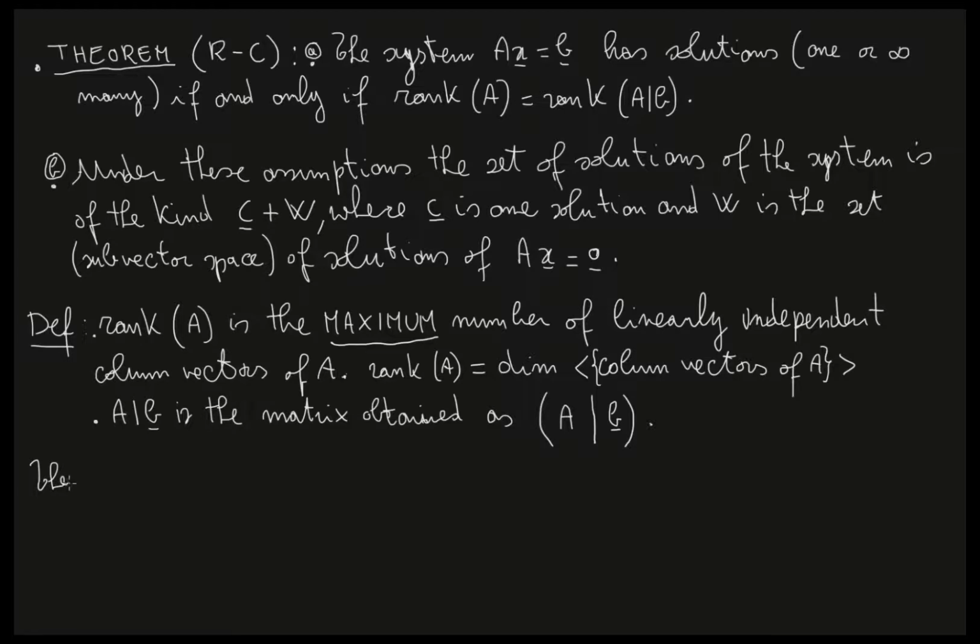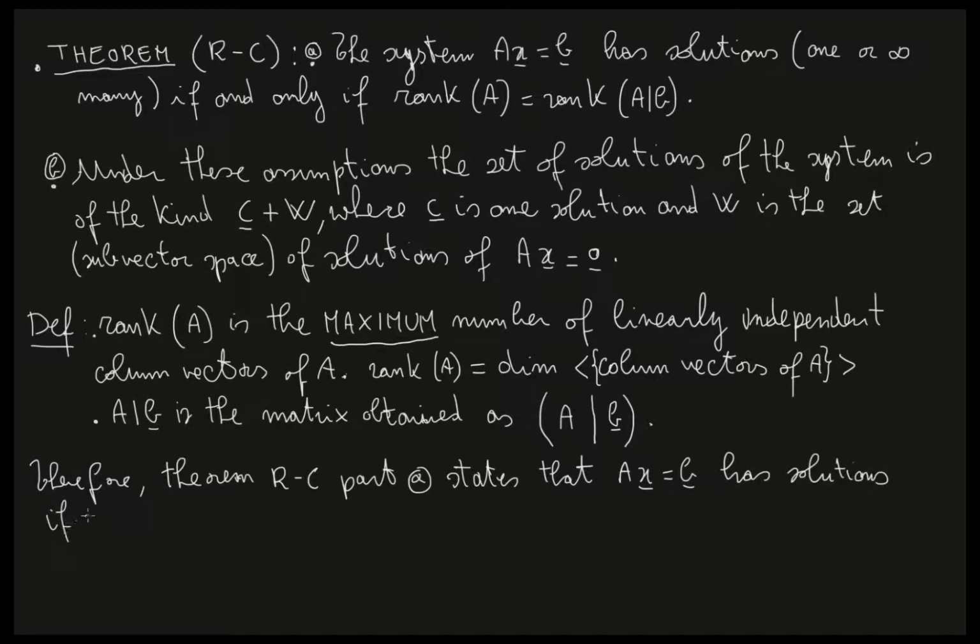Theorem RC part A states AX equals to B has solutions if and only if B is a linear combination of the column vectors of A.